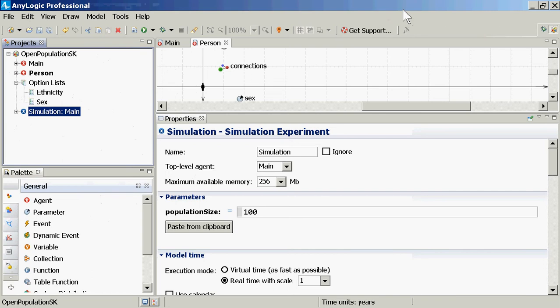Now, ladies and gentlemen, riddle me this. Based on what I've told you already, based on what we've seen in some models, how would we set up the model to be doing something periodically? It'll do something at a certain average rate, or even set it up so that exactly every year it does something, like report out data. What sort of construct do we use to do that?